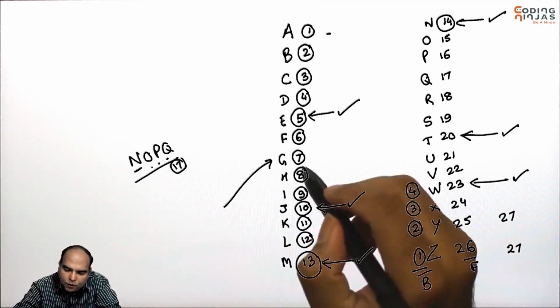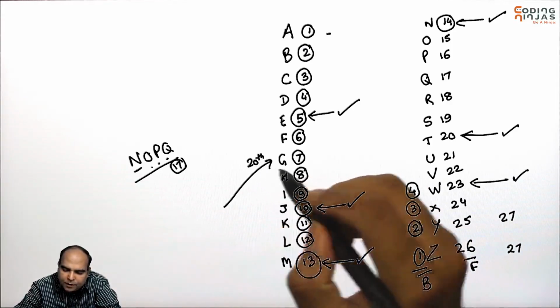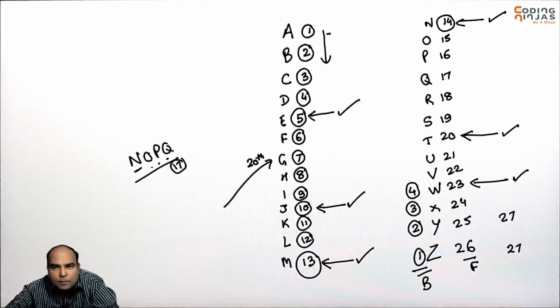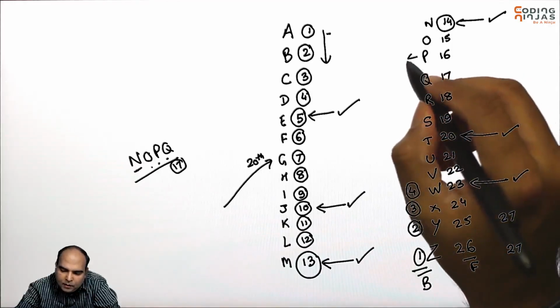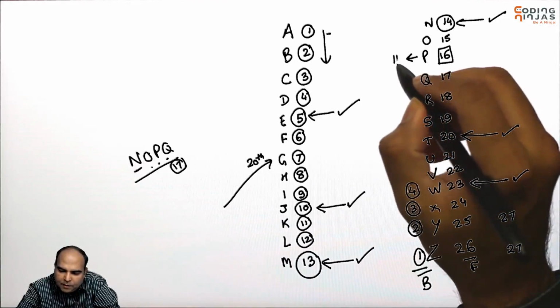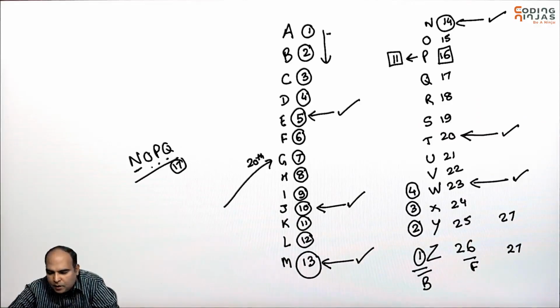So if you want to know what G would be going in reverse, it would be the 20th alphabet. If you remember the forward position, you can extract the backward position for any letter. To find out what P would be, with Q being the 16th alphabet, P will be the 11th. This is how you can create your structures around the alphabet series.